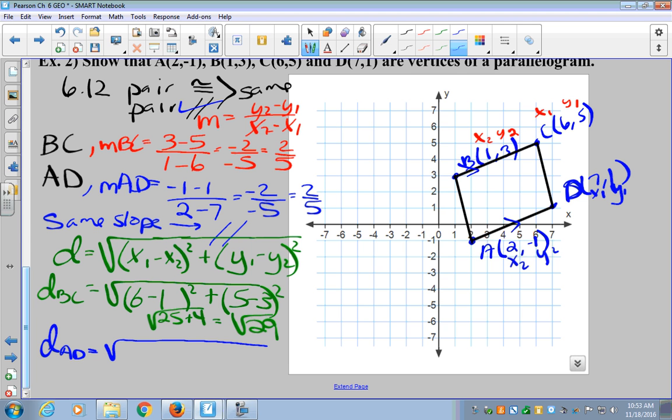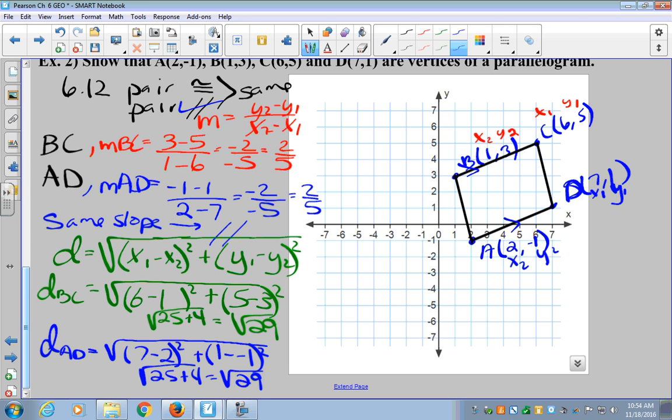We're going to take x1, which is 7, minus x2, which is 2, square it, and y1, which is 1, minus negative 1, and square it. 7 minus 2 is 5. 5 squared is 25. 1 minus negative 1 is 1 plus 1, which is 2. 2 squared is 4. 25 plus 4 is 29.